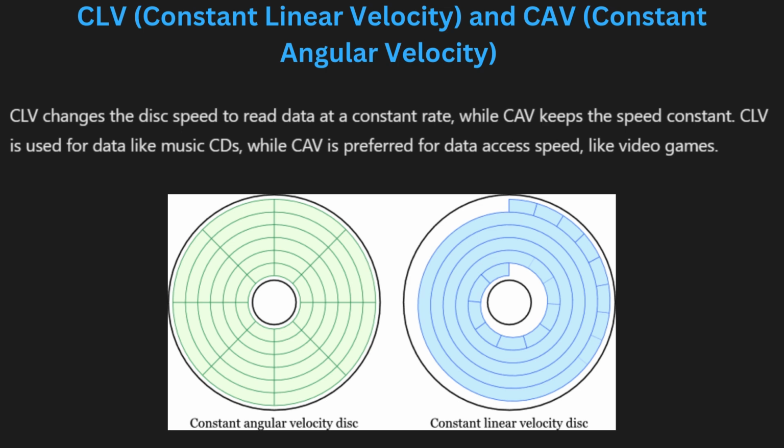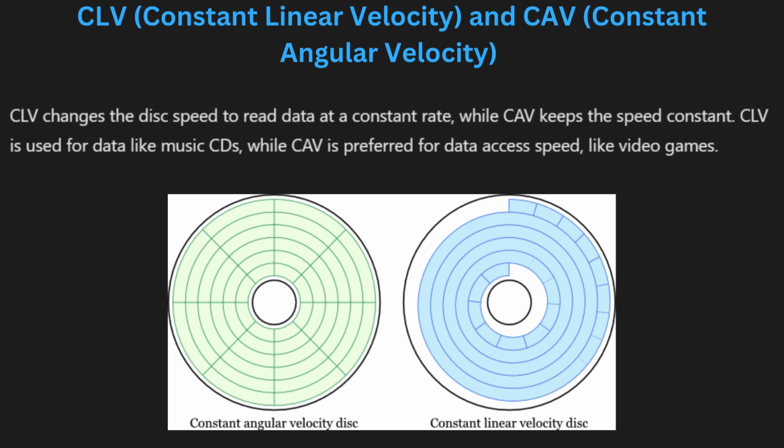So the constant angular velocity or the CAV. CAV is another data storage method used in optical media. Unlike the CLV, in CAV the disk rotates at a constant speed throughout. The advantage of a CAV is that it allows faster access to the data on the disk because the drive does not need to adjust the rotation speed.